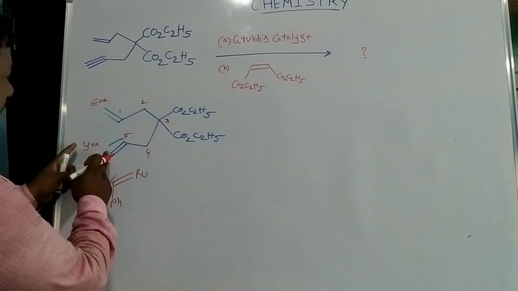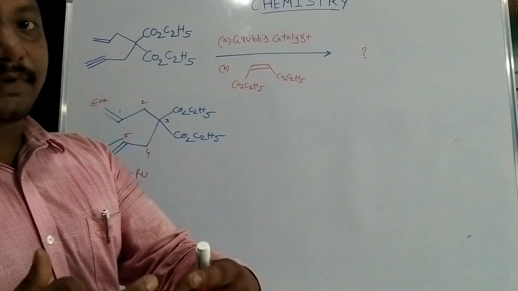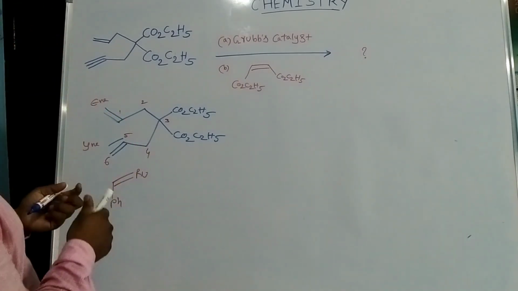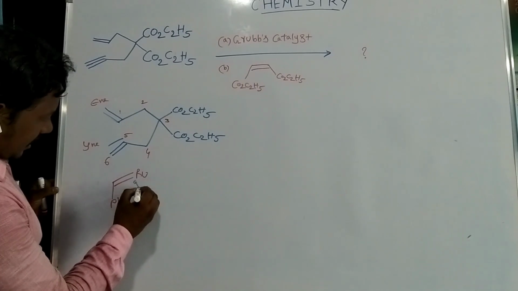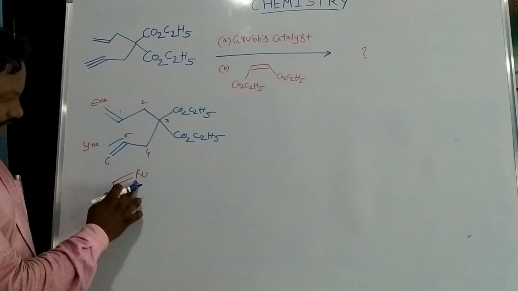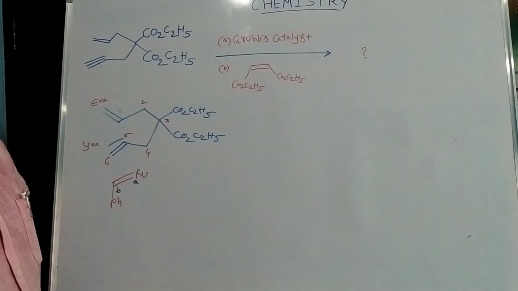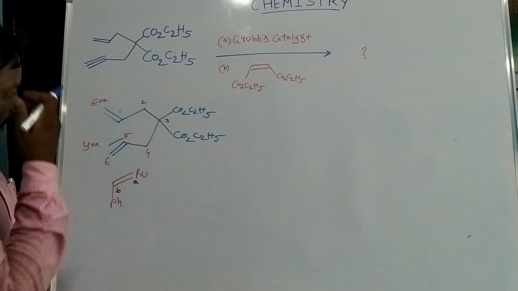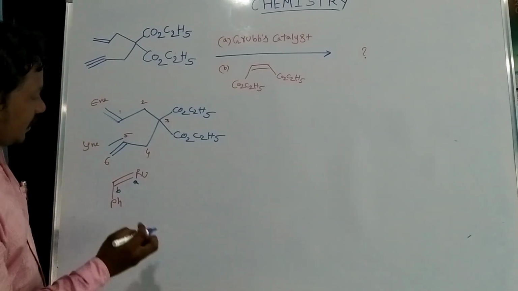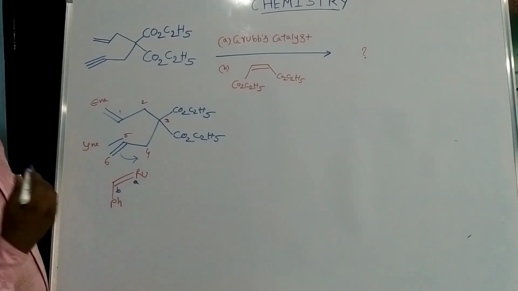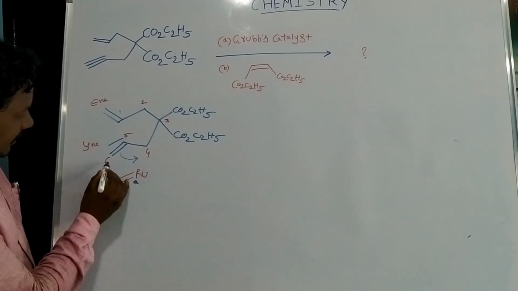Why is the yne reacting? The yne is more reactive compared with the ene. Okay, fine. Now, this is A and B. Previously I showed the mechanism. What is olefin metathesis? In a similar way here also, a new bond is forming in between 5 and A. Here another new bond is forming in between B and C.